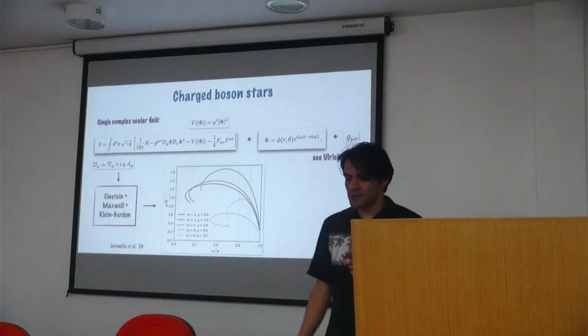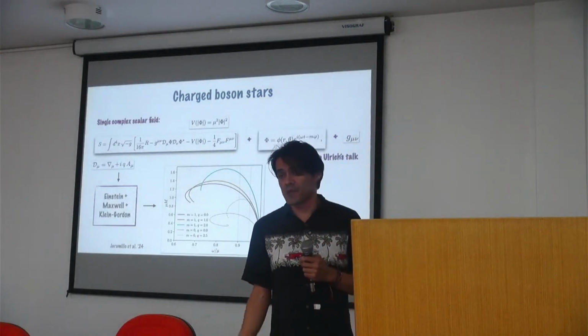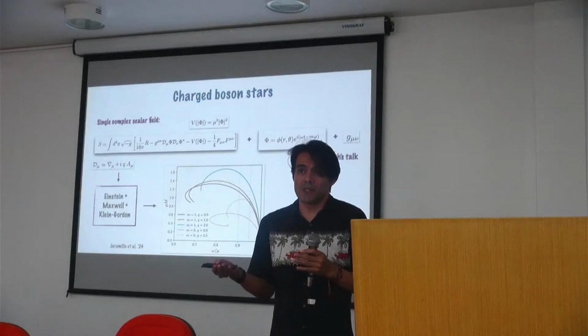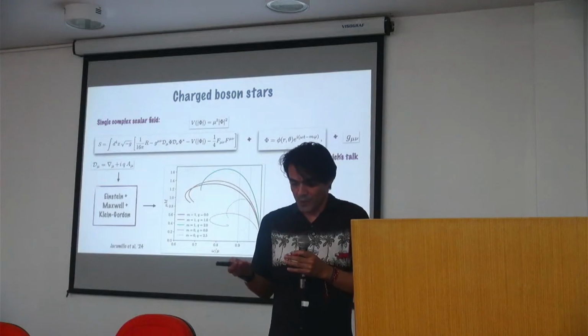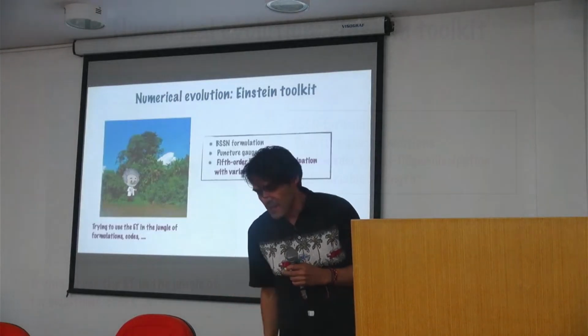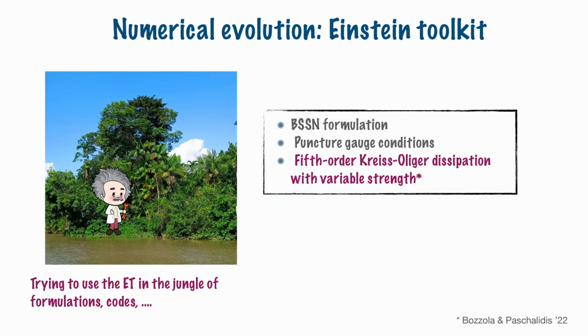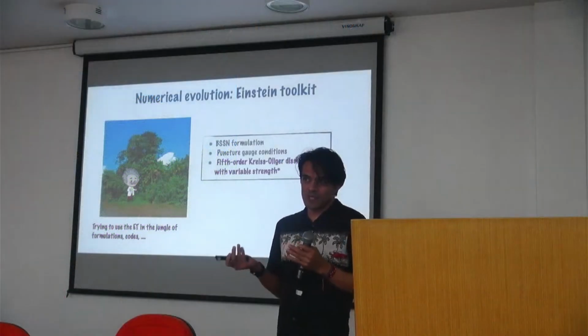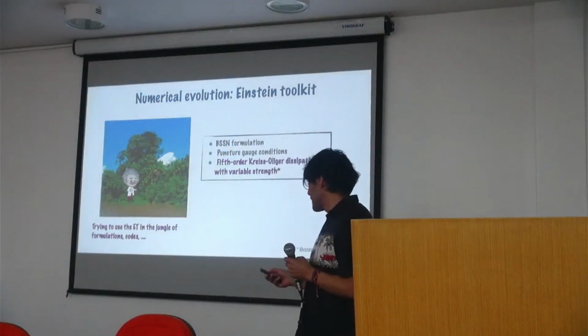Now we need to study the stability properties, meaning that we are going to evolve and see what we end up with for these stars. When people are talking about evolution, in general, we are talking about the Einstein Toolkit, and I know that it's a jungle.